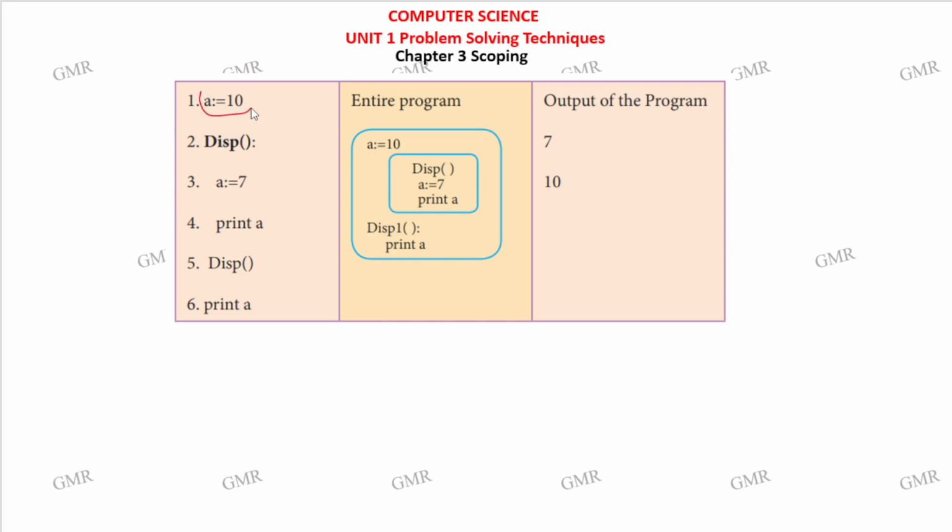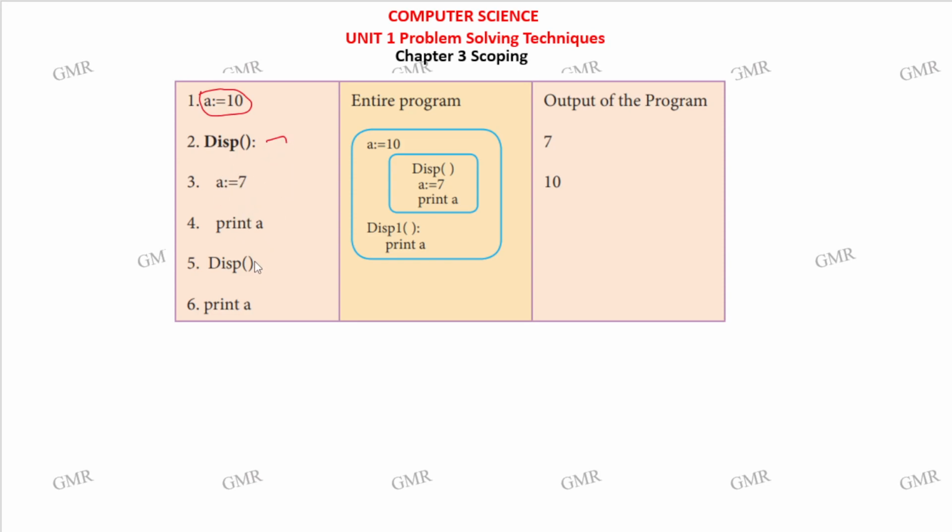Statically, we have declared the value a equal to 10 initially, but in the display function, we have given the value as 7. Now we are printing the value of a, which is inside the function.